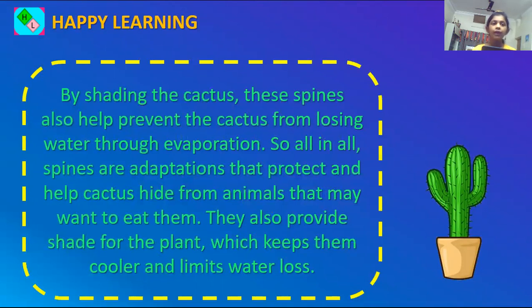They also provide shade for the plant, which keeps it cooler and limits water loss. So with this explanation, we learned that the needle-like leaves of the cactus plant protect the plant and reduce the rate of water loss. So our answer would be 1 and 2.